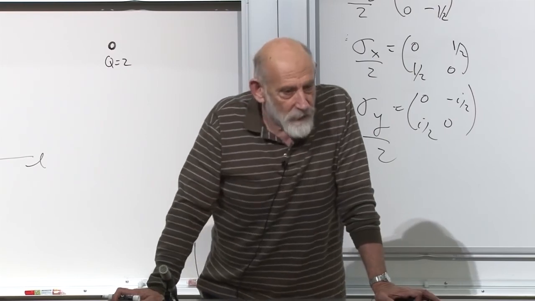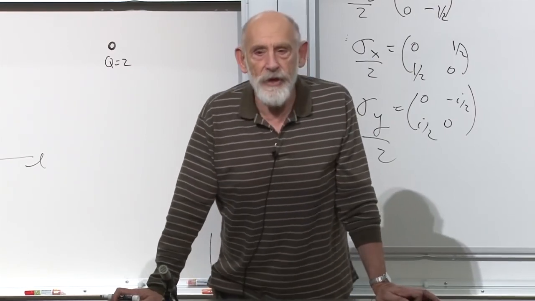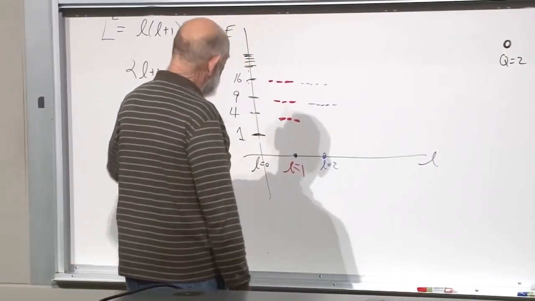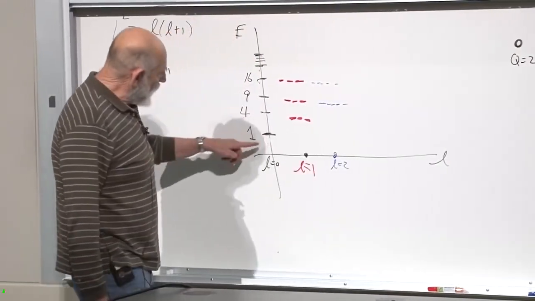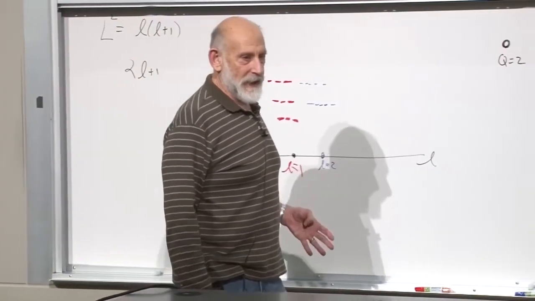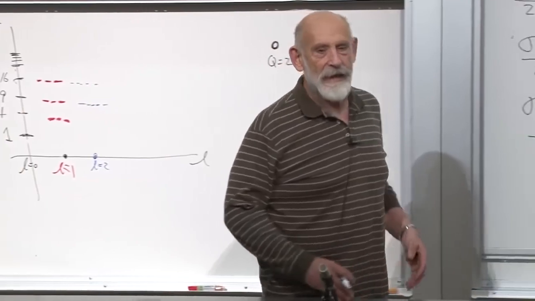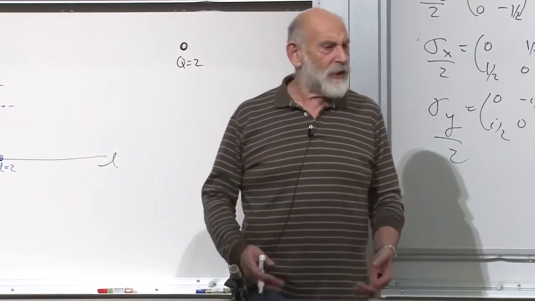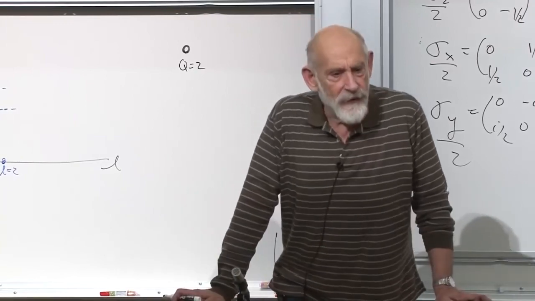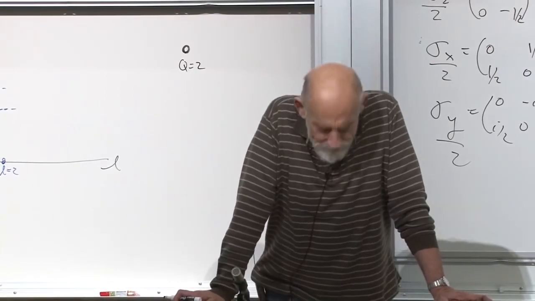But no, that's not what happens. What happens is it goes into the first excited state. So you put 2 electrons in the helium into the ground state, and the third one doesn't want to be there. It wants to get into the next excited state. Why? It could have saved energy. You could have had a lower energy state if that electron went into the ground state.